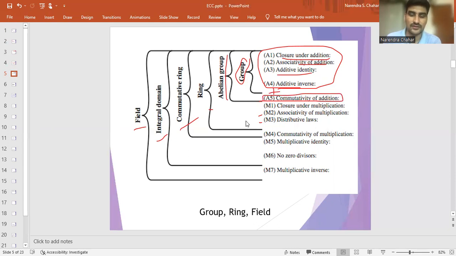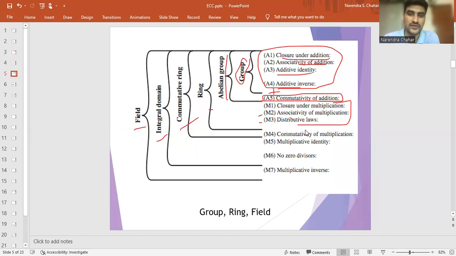Now, the ring includes these things, but some additional things are also here. The first is closure under multiplication, the second is associativity of multiplication, and the third is the distributive laws. When we include all these, they come under the ring.